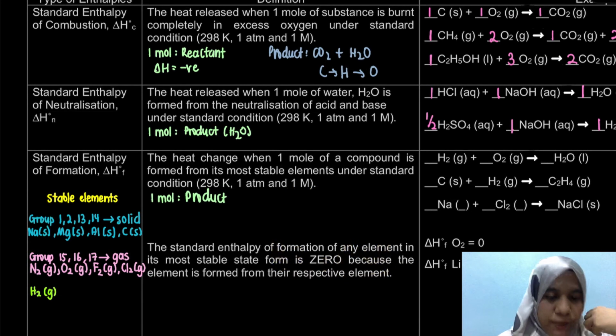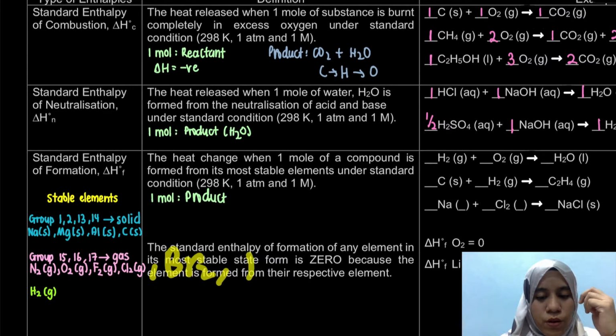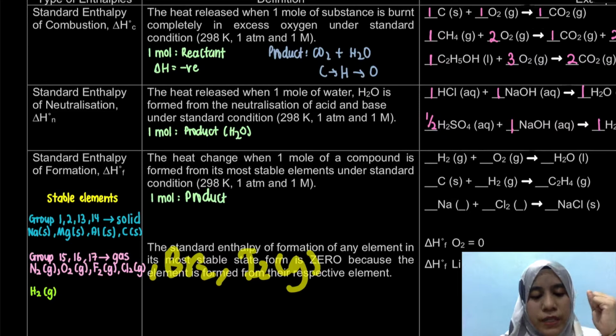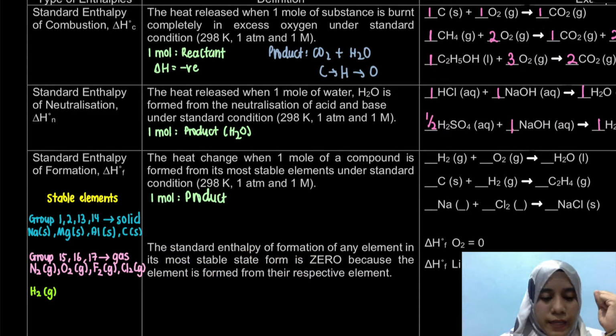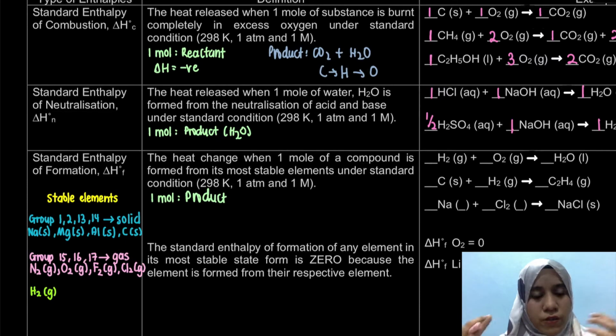But for groups 15, 16, 17, originally it's gas. So the gas becomes N2, O2, F2. This is group 17: F2, Cl2, Br2, I2. Originally, the stable element is actually a gas, and it's Cl2. Why? Because the atoms have a covalent bond where the 2 atoms share electrons to achieve octet.